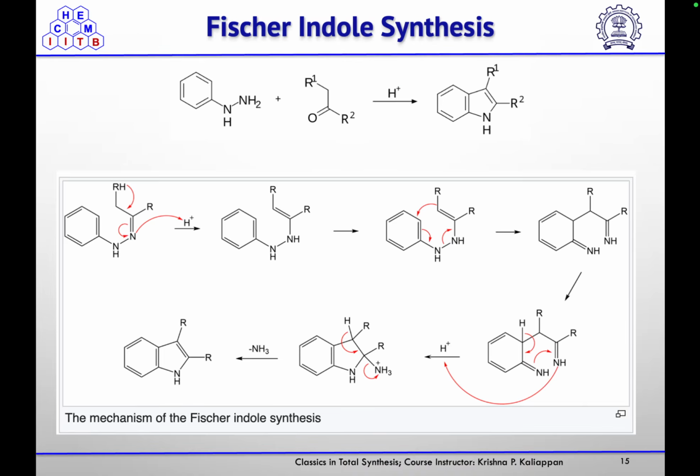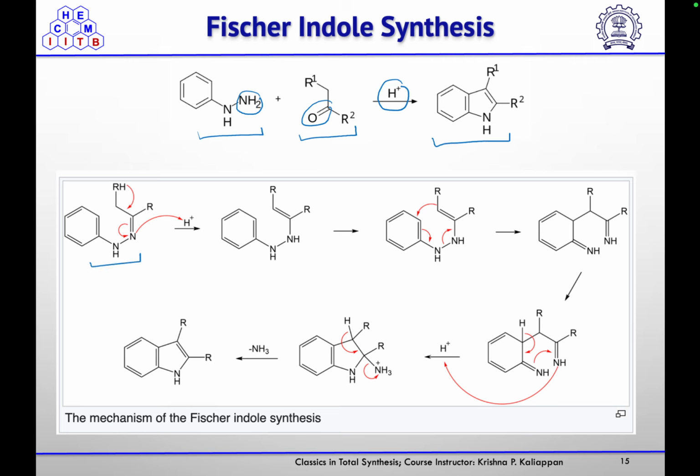So, Fischer indole synthesis: you start with phenyl hydrazine and any ketone in the presence of acidic medium, and you end up getting the indole. First, your primary amine will react with the ketone to get the corresponding imine.